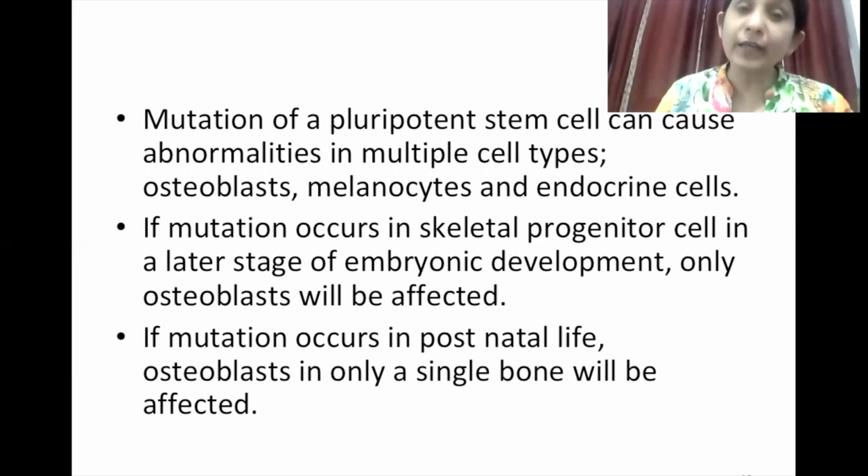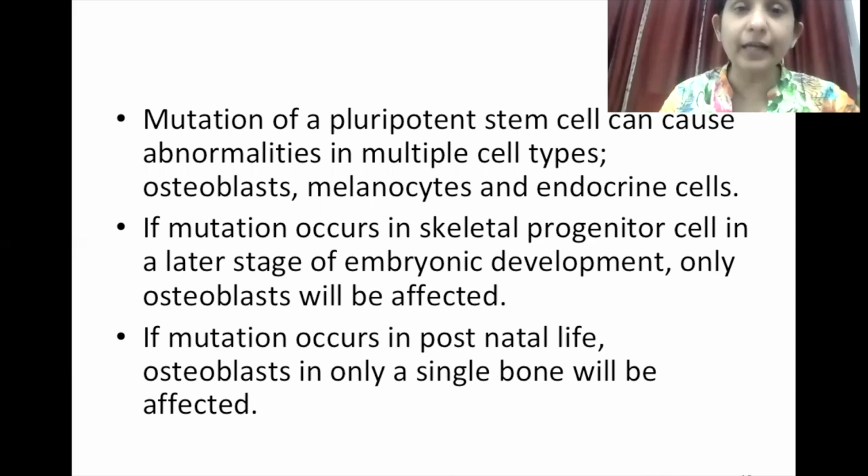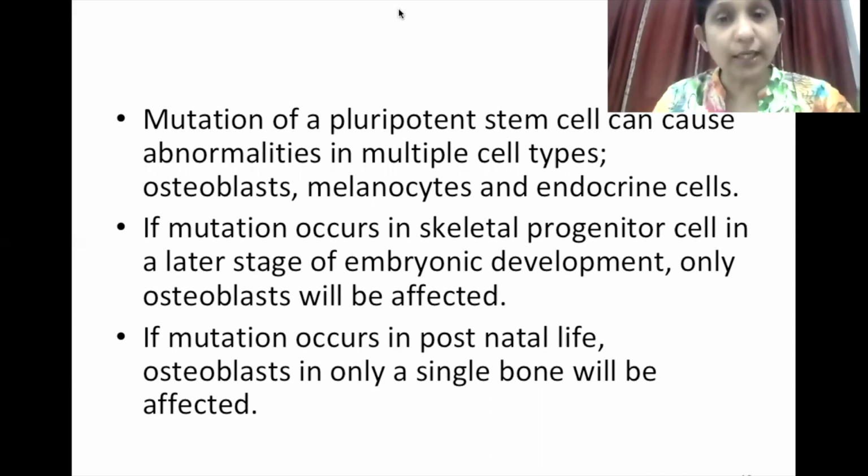So when mutation occurs in the pluripotent stem cells themselves, there are abnormalities in all those cells which it could have differentiated into. It could have differentiated into an osteoblast, a melanocyte, or an endocrine cell, so all of these cells are affected. If a mutation occurs in the skeletal progenitor cell in the later stage of embryonic development, only the osteoblast will be affected.